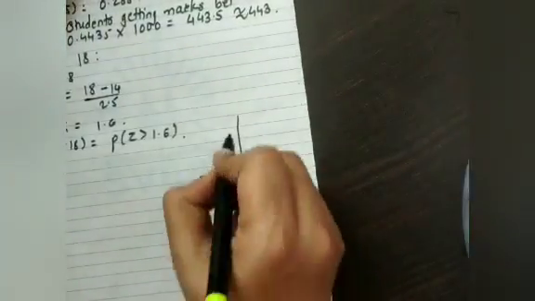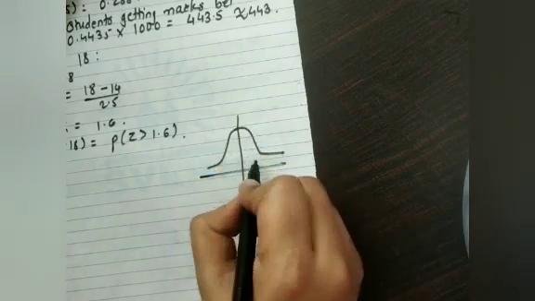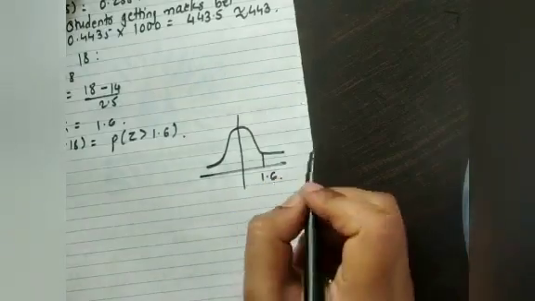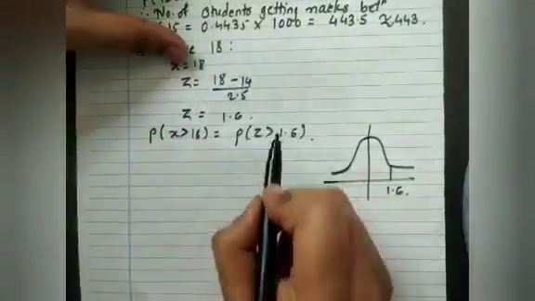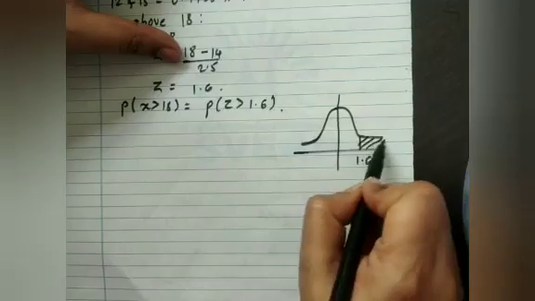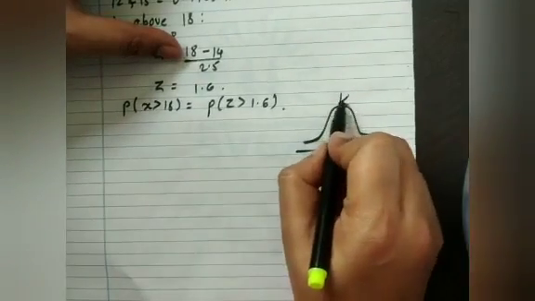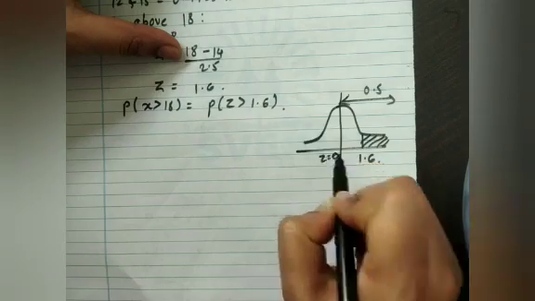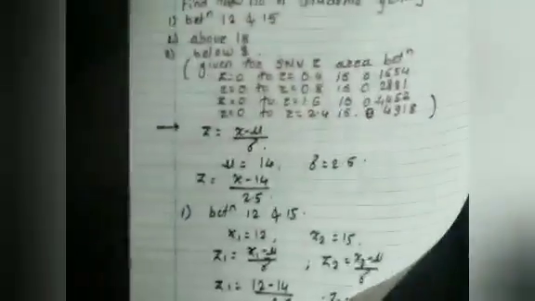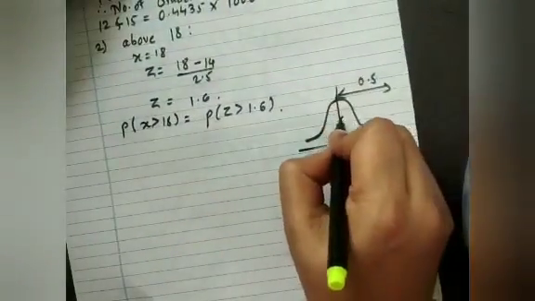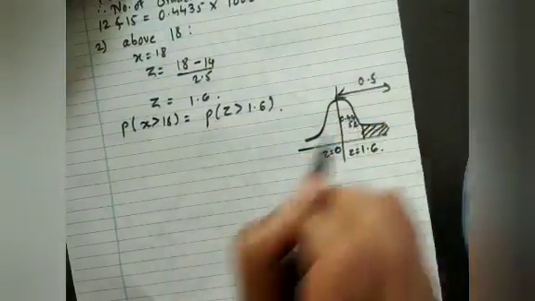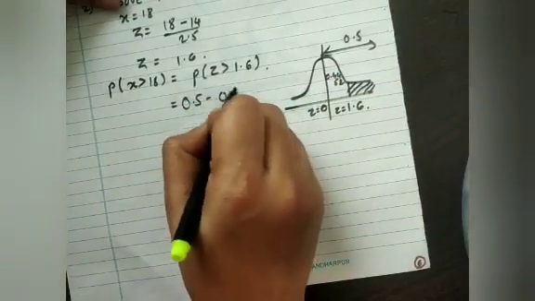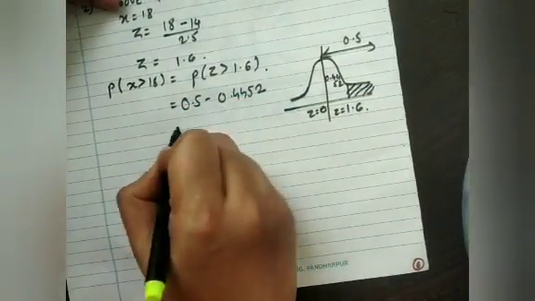Just try to draw it on your curve. 1.6, as it is positive, will be on right hand side somewhere here, and as z is greater than 1.6, this side it is greater. On this side the area is 0.5. From 0 to 1.6 the area we know is 0.4452. So the required area is 0.5 minus 0.4452, which is equal to 0.0548.